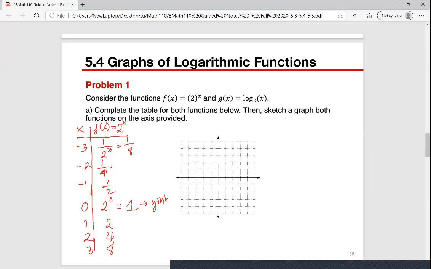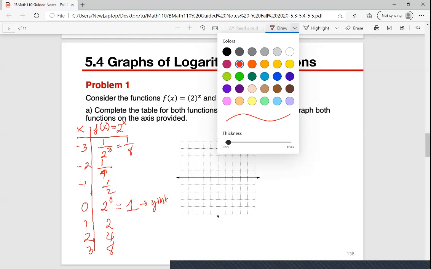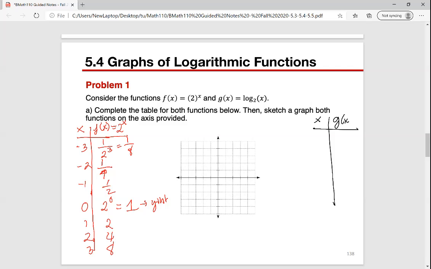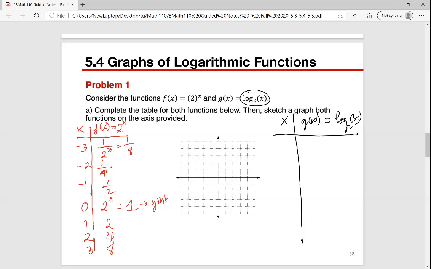For the right hand side, I will use another color. Okay, so let's do this with x and g of x. Remember that g of x is log base 2 of x.